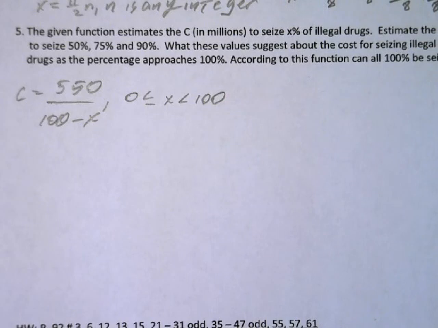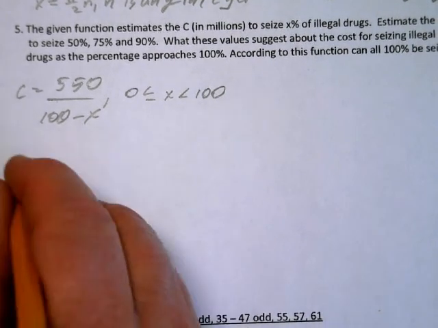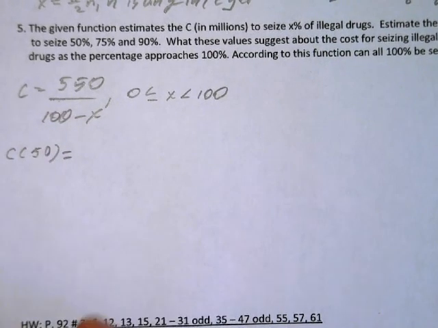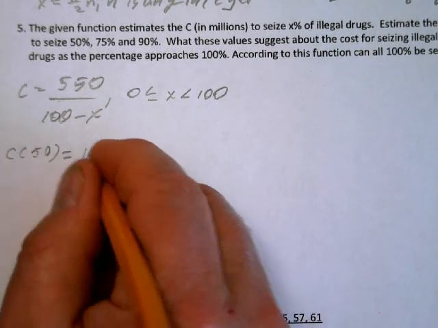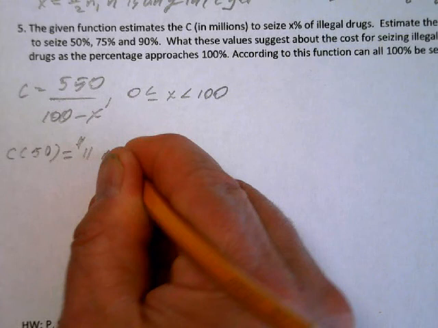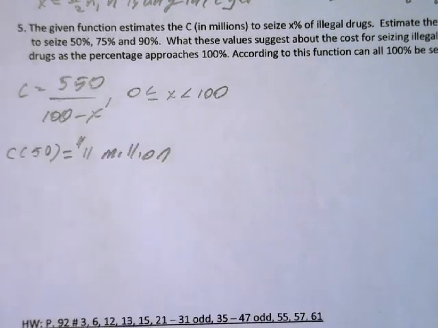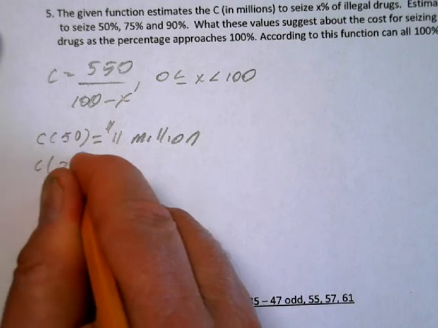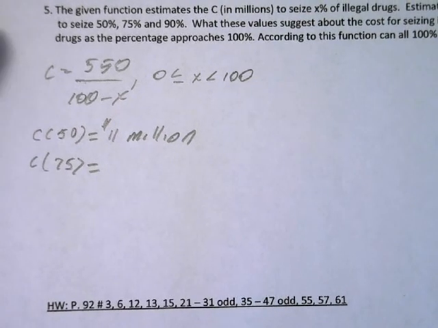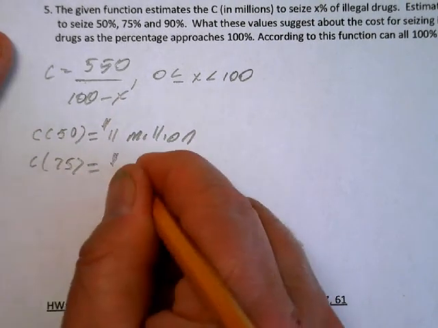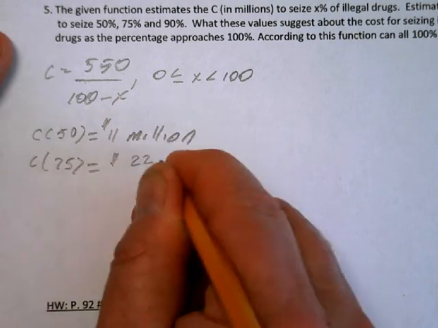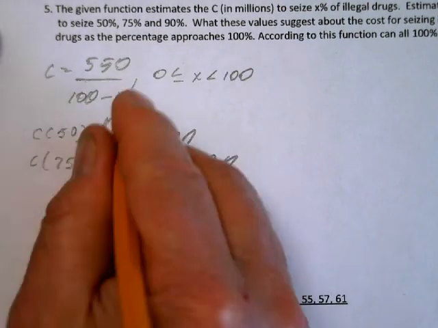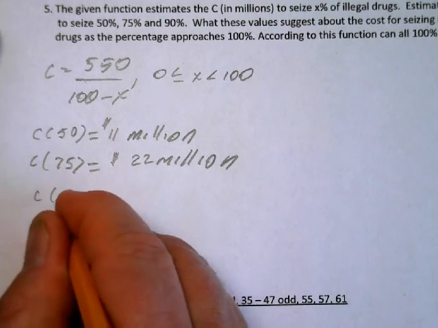We know that 0 has to be less than or equal to x, which is less than 100. That's our domain. So then if I have C of 50, again, that's going to represent 50%. That ends up being $11 million. C of 75% is going to be $22 million.